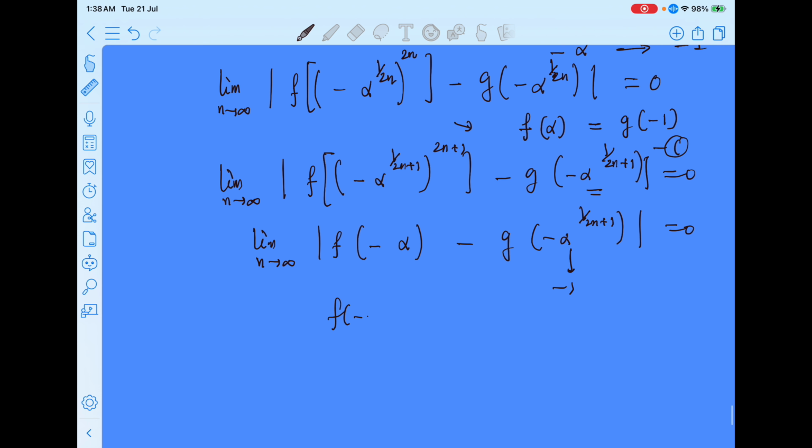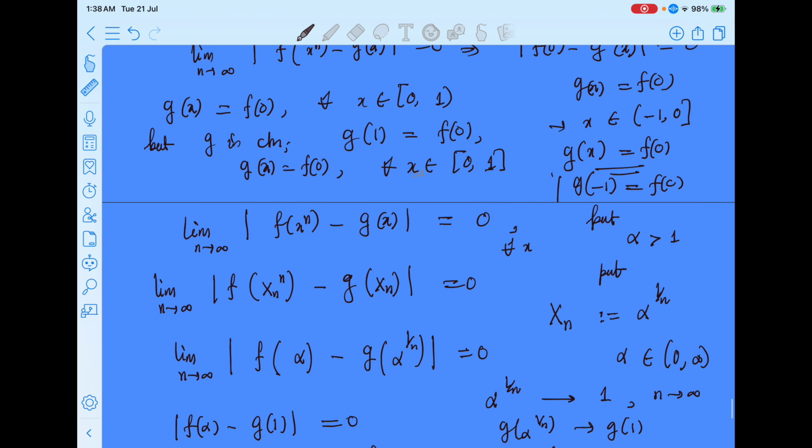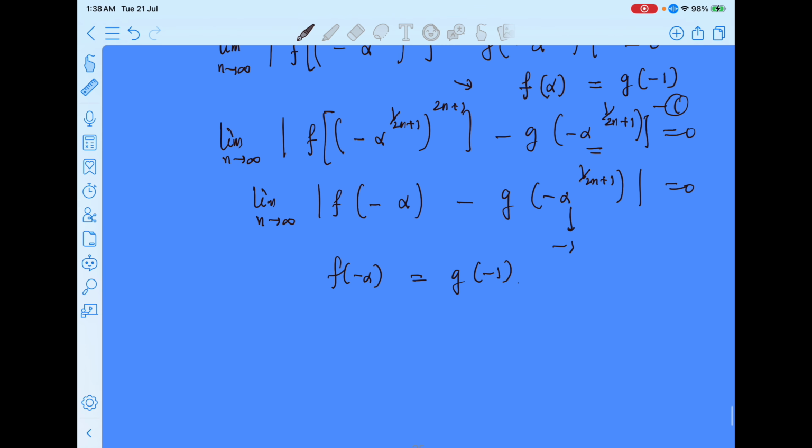So f of minus alpha has to be g of minus 1, and we know that g of minus 1 is also f of 0, which is f of 0.